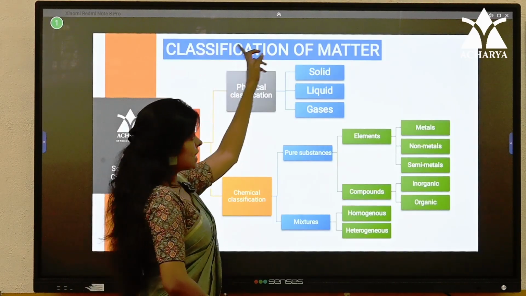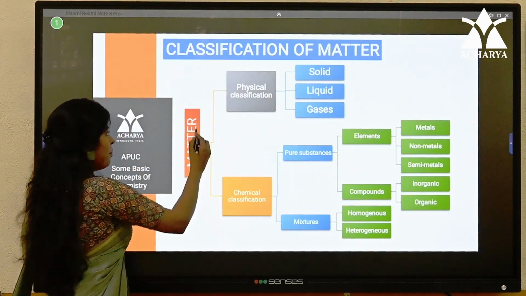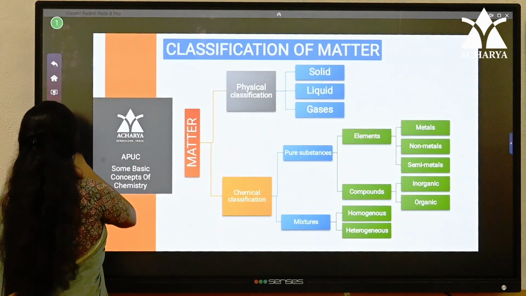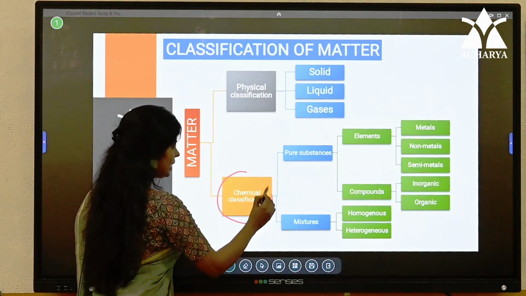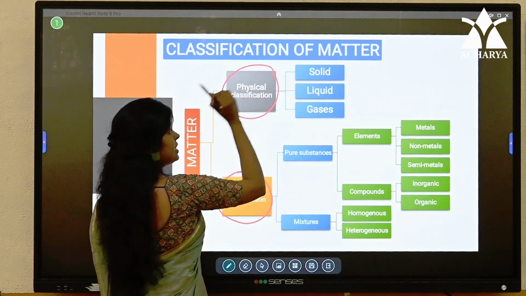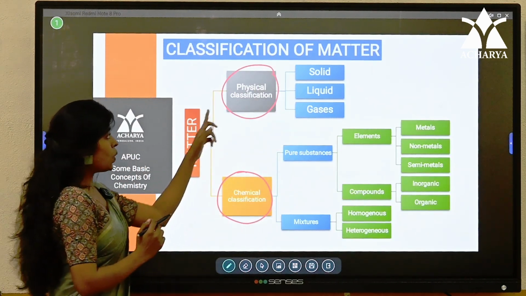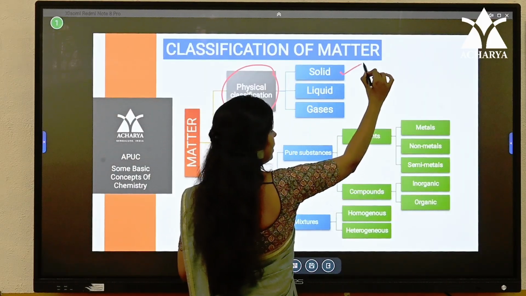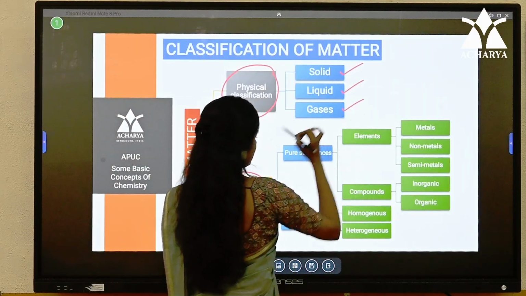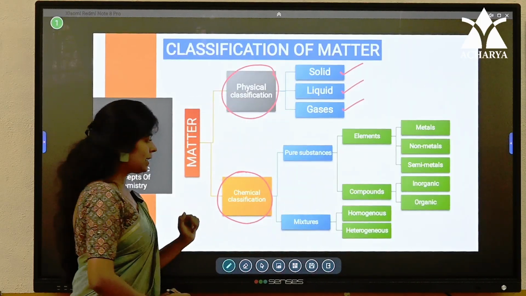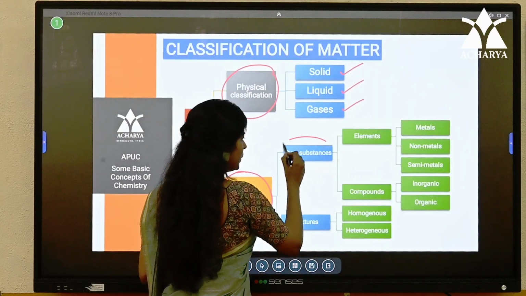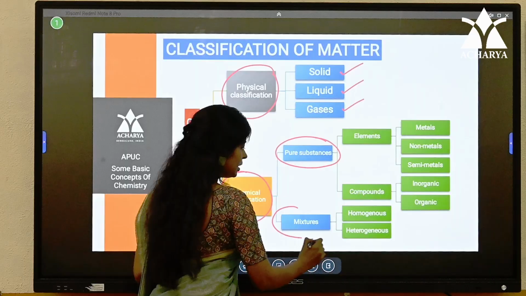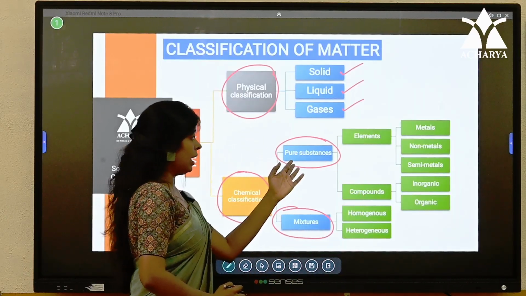Now if we see the classification of matter, matter can be classified into two types: chemical classification and physical classification. Under physical classification, matter can be categorized into three: solid, liquid, gases. Under chemical classification, this can be divided into two: pure substances and mixtures.